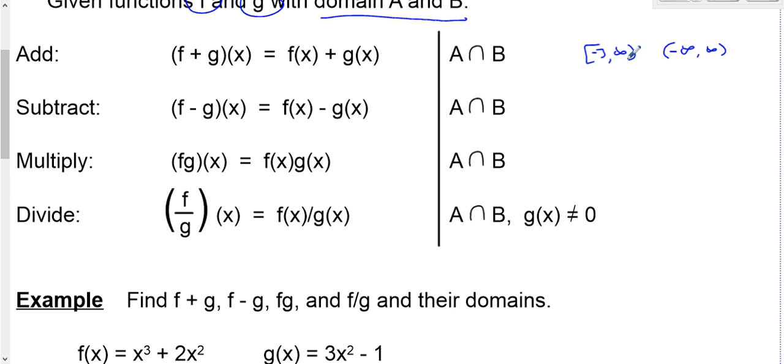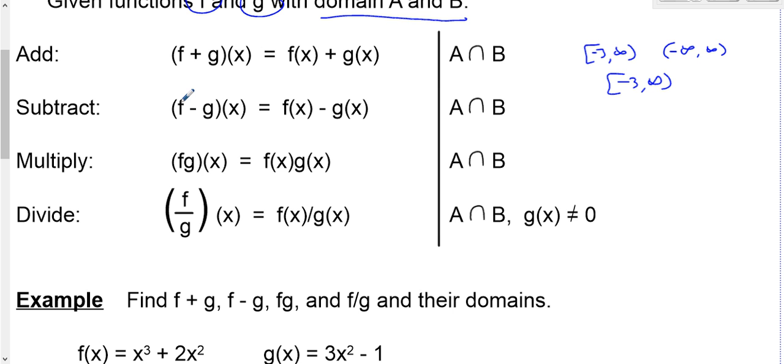Well, the intersection of these would state the overlapping parts of the domain. So the overlapping domain, the intersection, would be -3 to infinity. So that's what we mean by the intersection.